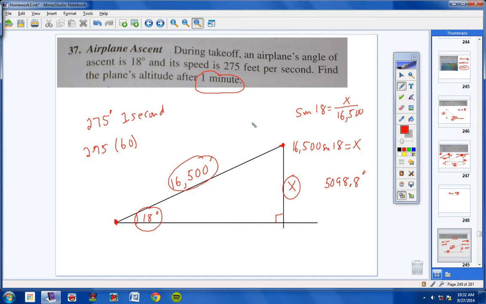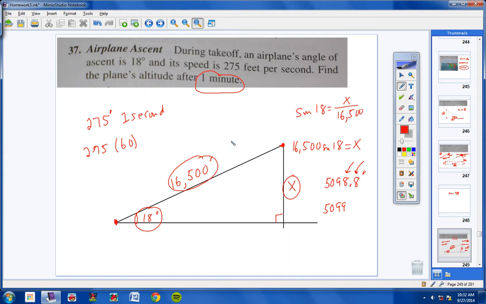Now I'm looking to see if it told us whether they wanted our answer in miles or feet or whatever. It doesn't say. I'm going to look in the back of the book here. The back of the book has it in feet, so we're totally fine. The back of the book had this for an answer, 5,099, which they just rounded here, and we rounded here, so the same thing.